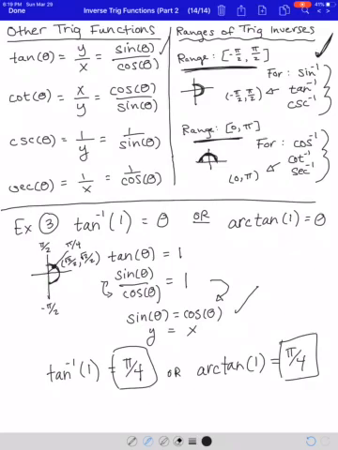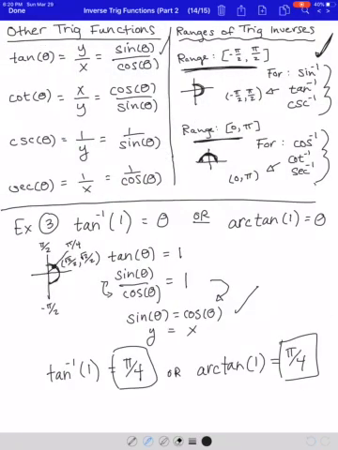All right, let's look at one more example. Example 4: let's evaluate secant inverse of -2. So we're looking for the angle whose secant is equal to -2. Let's remind ourselves of the range.